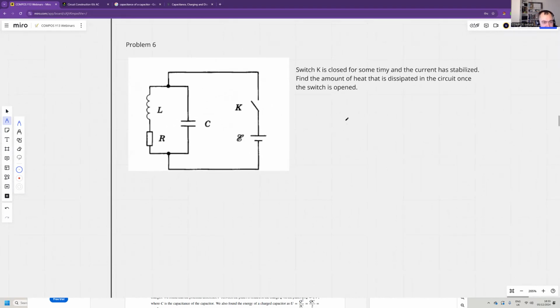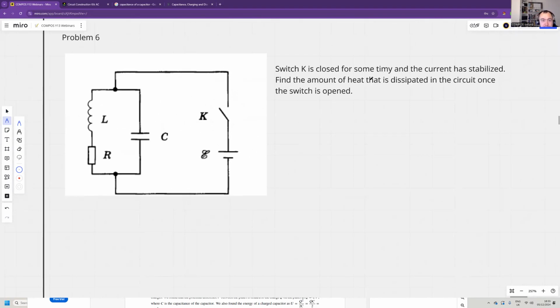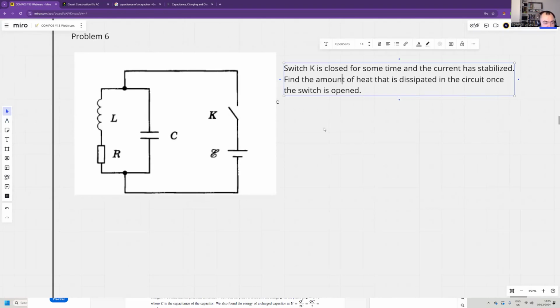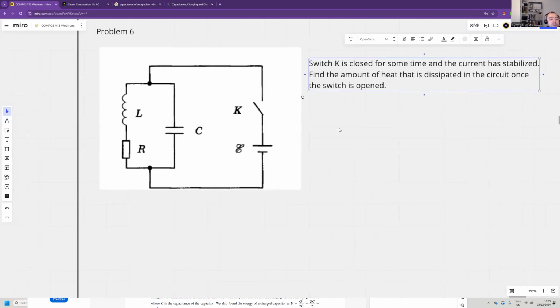Problem 6. Switch K is closed for some time, and the current is allowed to stabilize. Find the amount of heat that is dissipated in the circuit once the switch is opened. So let's have a look at what's going on in this circuit.